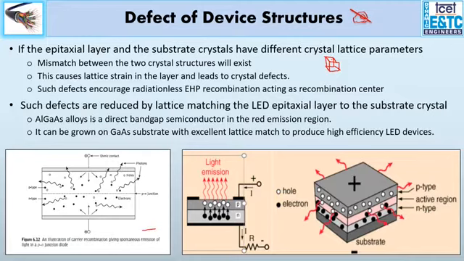This can be reduced by lattice matching, that is, materials with the same lattice dimensions, and therefore we use alloys which have the same lattice, which reduces the errors occurring because of the material mismatch. So it is taken care that the gallium arsenide substrate with an excellent lattice matching is grown over your aluminum gallium arsenide while making a heterojunction LED.